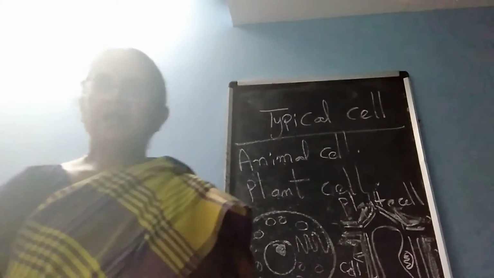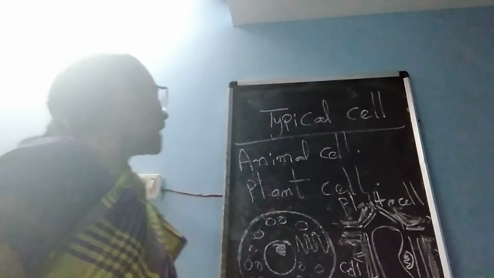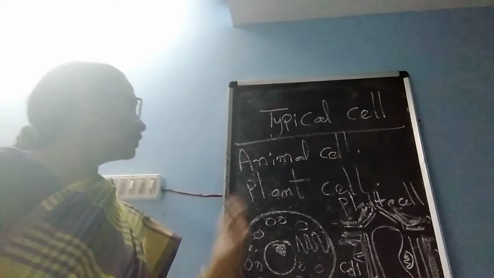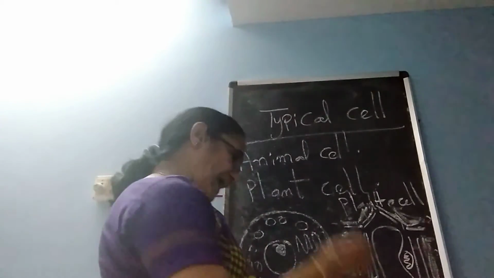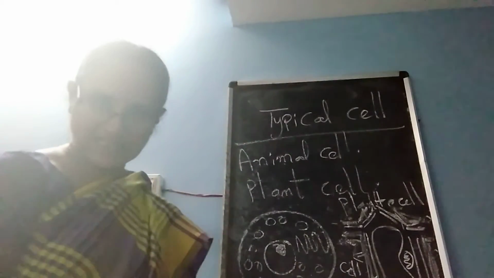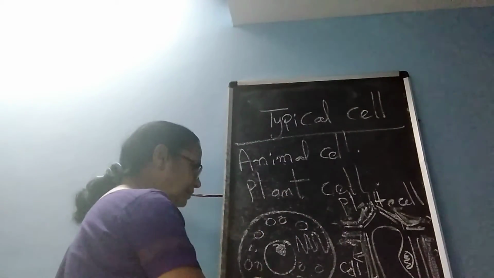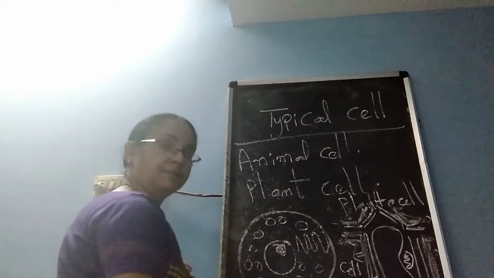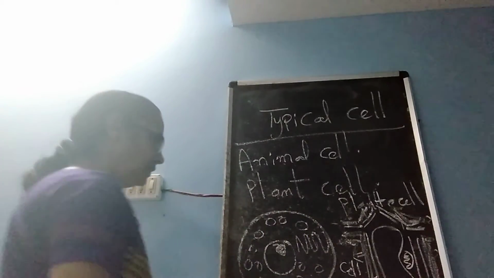In the plant cell we find chloroplast. In the animal cell we do not find any chloroplast. Next, vacuoles are larger in the plant cell, and vacuoles are smaller and more numerous in the animal cell.